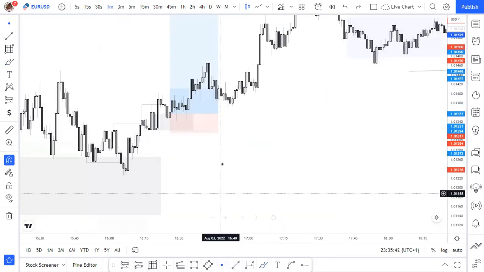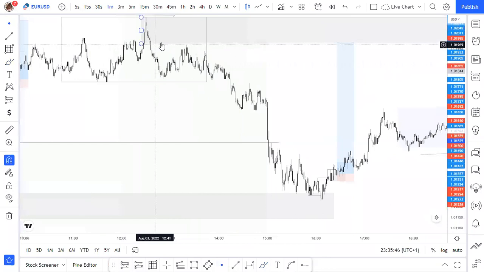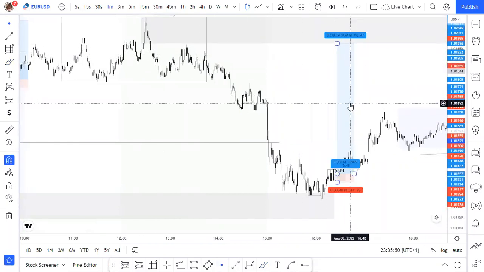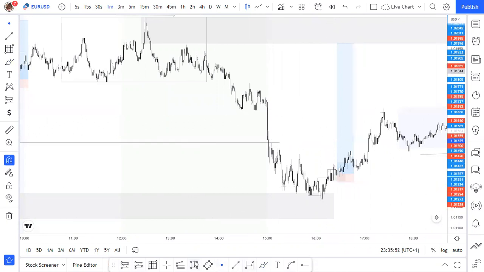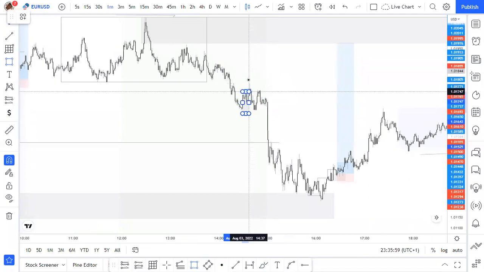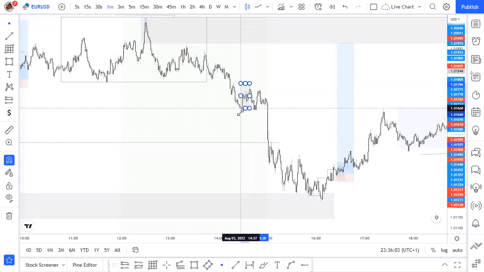Then my take profit was somewhere here in this supply zone. I think that was around 1 to 15, but I partialed most of the trade here because it's my last area of supply before the break construction.